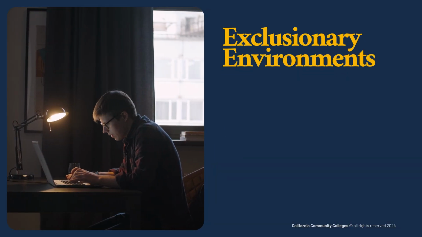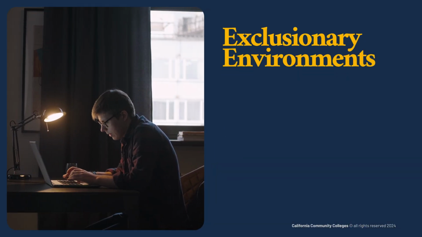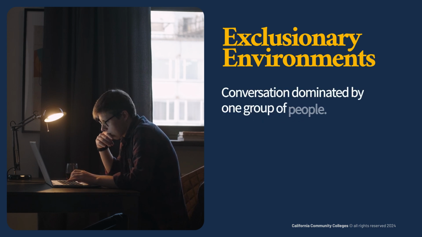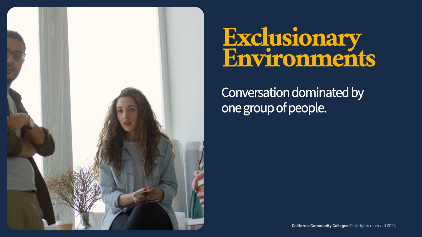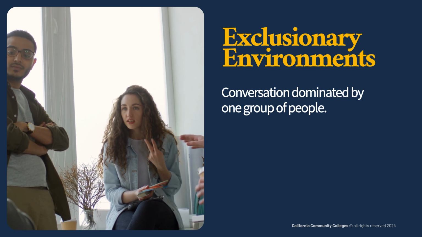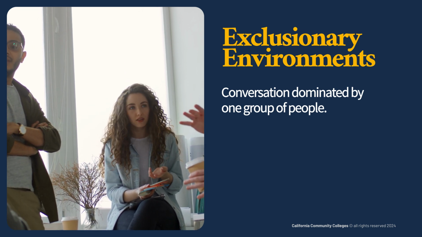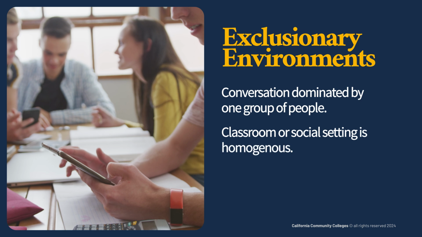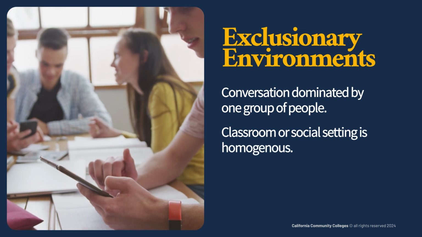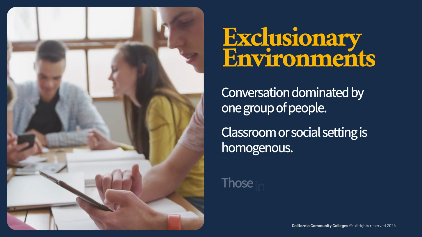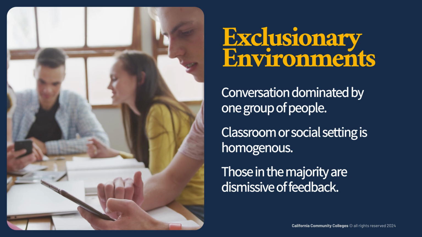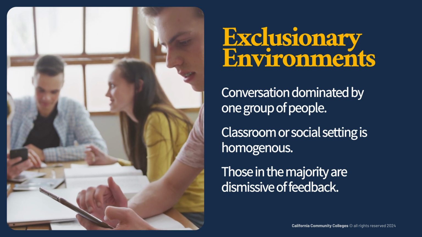On the other hand, you will know that an environment is not as inclusive as it could be if one group of people, particularly a group defined by race or gender, for example, dominates the conversation. If the classroom or social setting is overwhelmingly one race or gender. Those in the majority are dismissive or argumentative about feedback they receive.